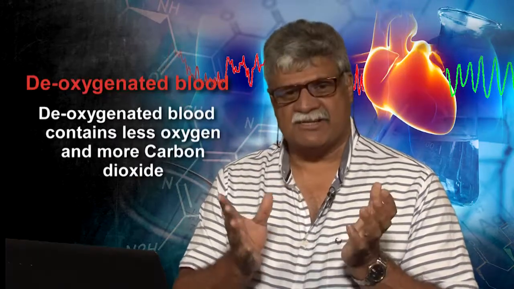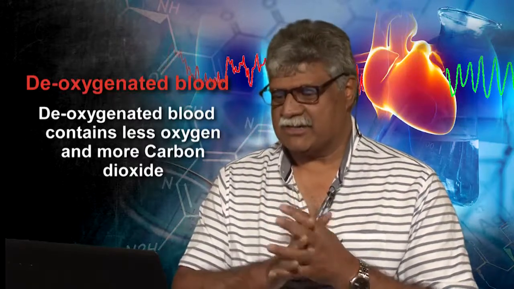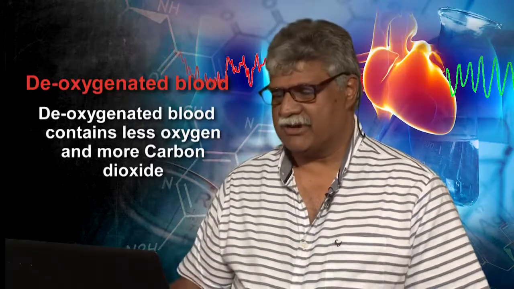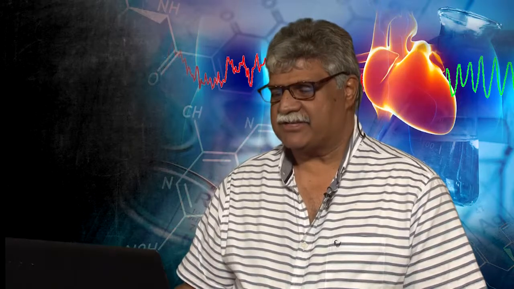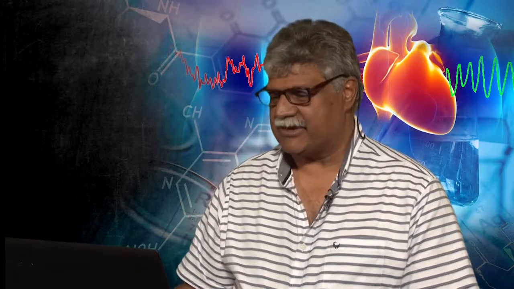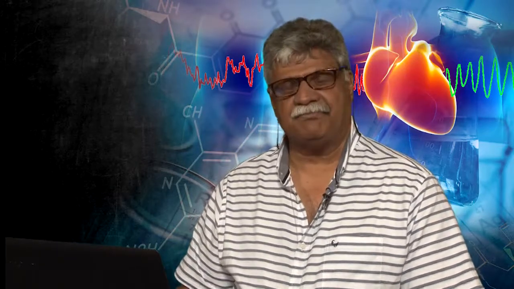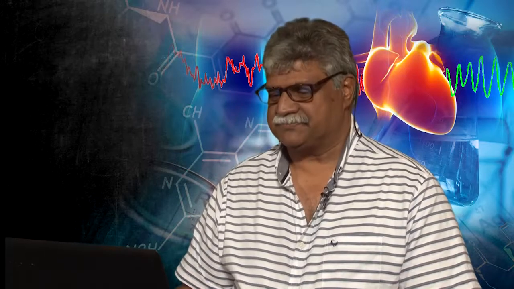Whereas deoxygenated blood, de means without, so deoxygenated blood contains a low amount of oxygen and a high amount of carbon dioxide. And as I mentioned before, the heart is divided into 4 chambers, like you can see in the diagram, and that is the right and left atrium and the right and left ventricle.